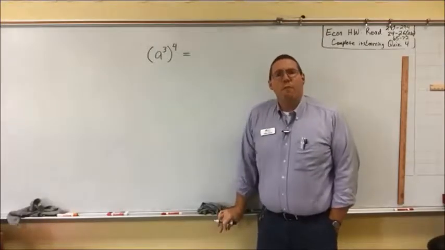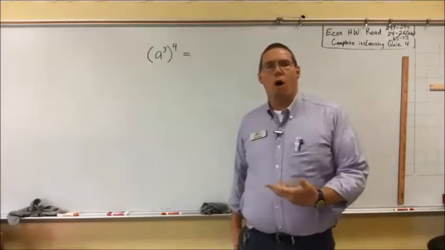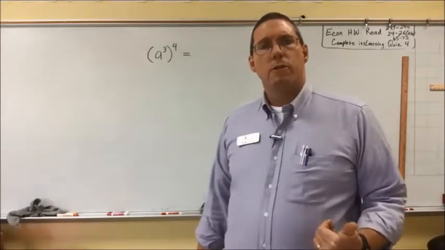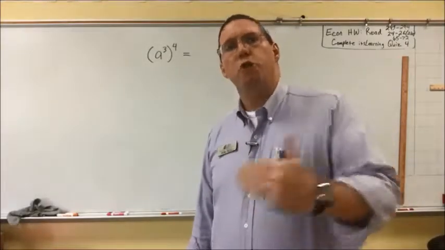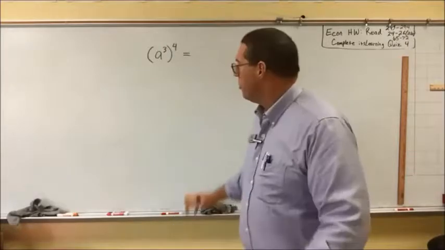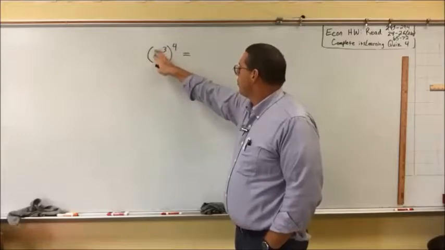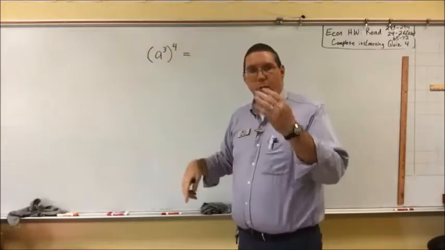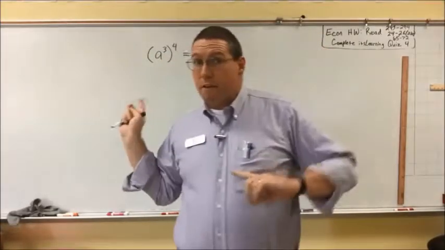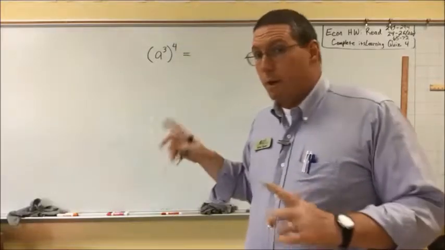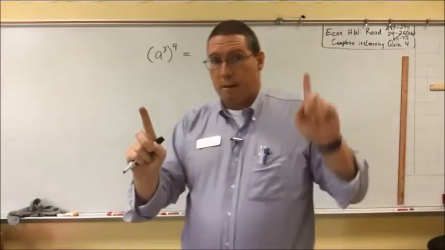All right, the next rule of exponents is what I call an exponent to an exponent. What we have here is a to the 3rd power, and then a to the 3rd power is being raised to the 4th power. Now this is different than the one we just did, because we don't have a common base times a common base.